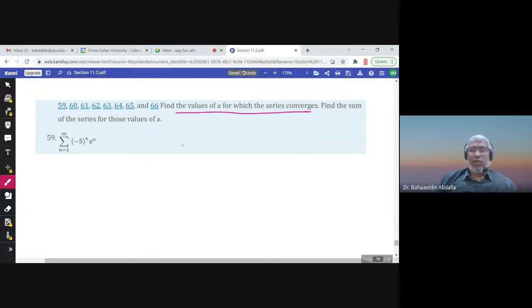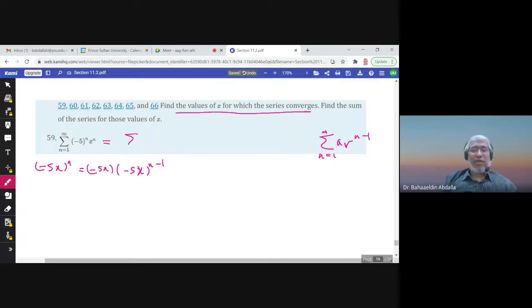x also could be a number, so why not compare this with the geometric series a times r to the power n minus 1? Well, to write it in that form, I can write it first as negative 5 times x to the power n, and then I can write it as negative 5x to the power 1 times negative 5x to the power n minus 1.